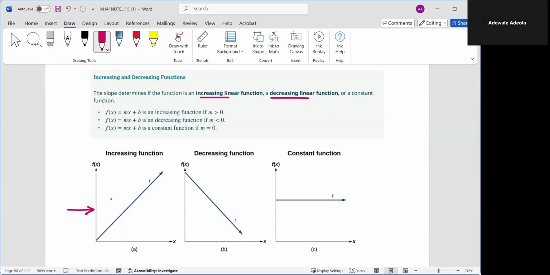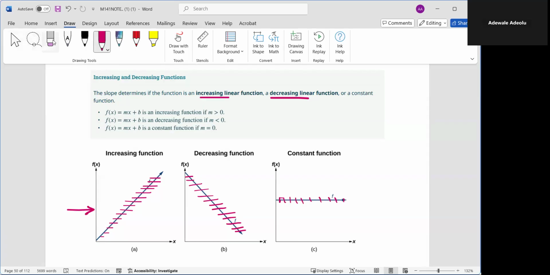Reading this graph from left to right, the y value is increasing. However, here it is decreasing as we go from left to right. However, here it stays the same. So we say it is constant here.